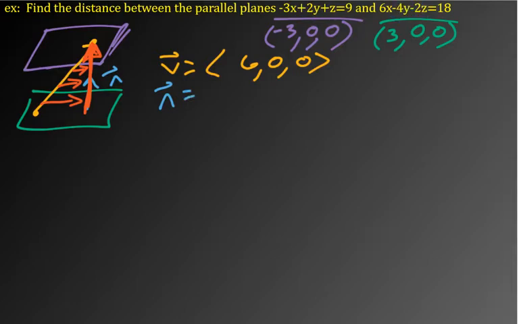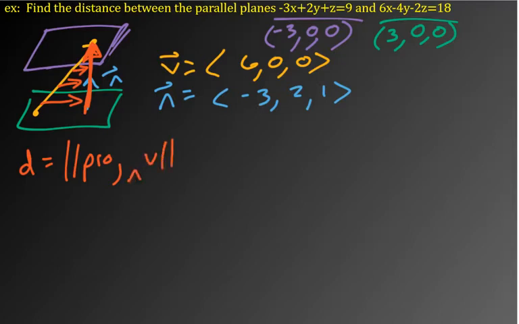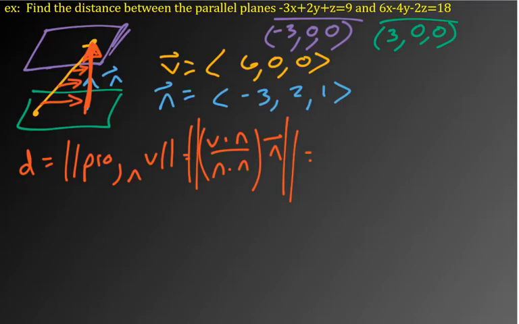It doesn't matter. I'm just going to pick the smaller one because the numbers are nicer. And then the distance between these planes is truly just the magnitude of the projection of v onto that normal, and it'll scale that normal up appropriately. So we're going to do v dot n over n dot n, times n. The magnitude of that thing will be my answer.